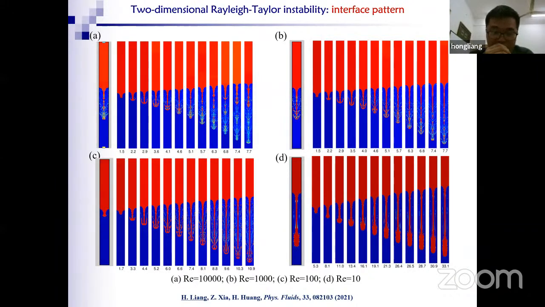So we need to increase the mesh number in the x direction. Of course, in our next work we need to give high-resolution simulations of this problem. Okay.